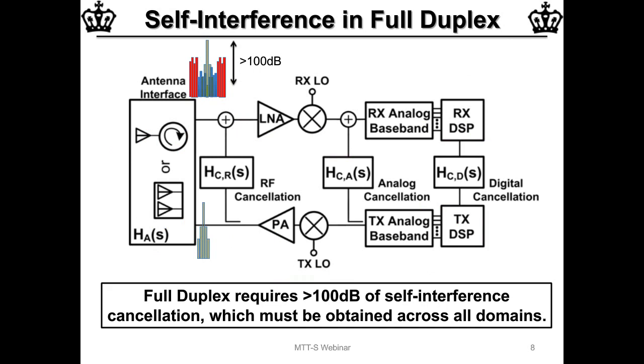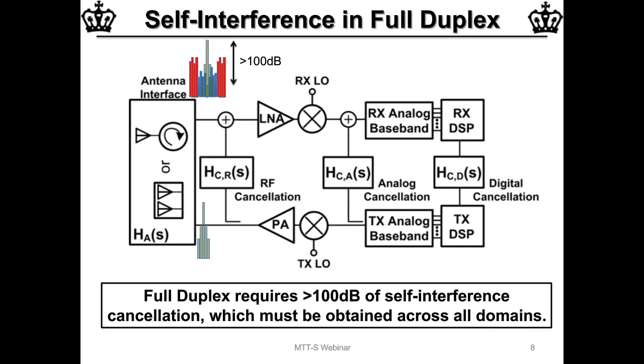So full duplex is an exciting new wireless communication paradigm, but there are several challenges associated with it. If you're transmitting at the same time as you're receiving and at the same frequency, then the receiver has to operate in the presence of a very large amount of interference from the transmitter. This transmitter self-interference, as it's called, can be more than 100 dB more powerful than the signal that's being received.